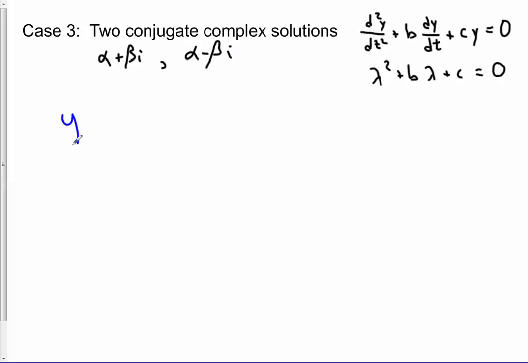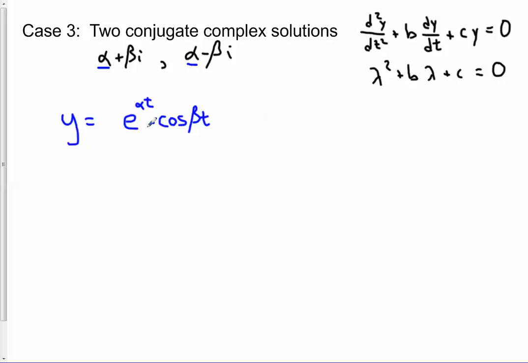All right. Well, here's what the solution ends up being in this case. The real part acts just like when we had two real solutions. So we have an e to the alpha t that's just based on the real part, not including the imaginary part. Now, how does the imaginary part work in? Well, it turns out that you get cosine of beta t multiplied onto your exponential.